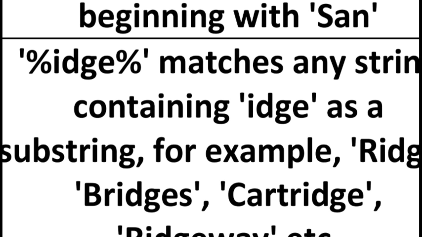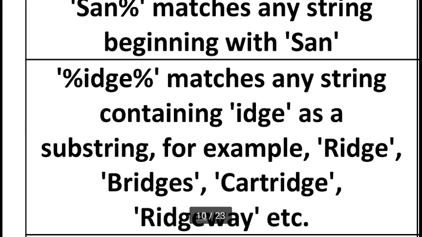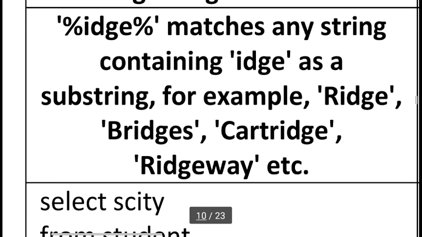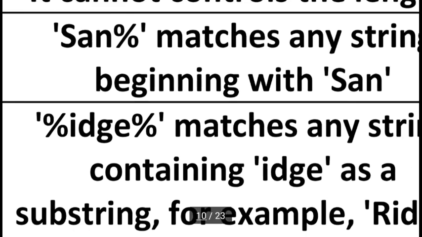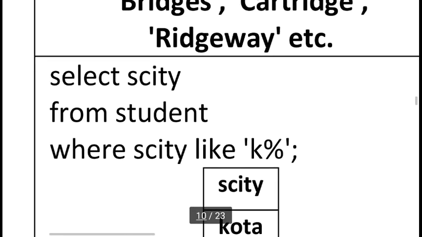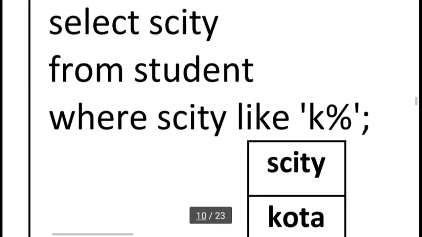It matches any string containing IDG, such as, in the result, Ridge, Bridges, Cottages, and Ridgeway. IDG is available in every result, but with different data before or after, because of our condition.